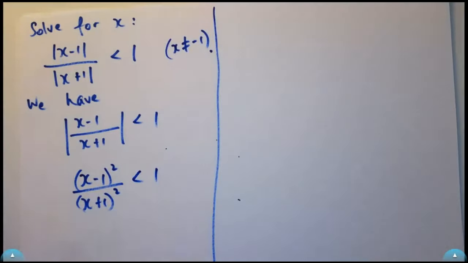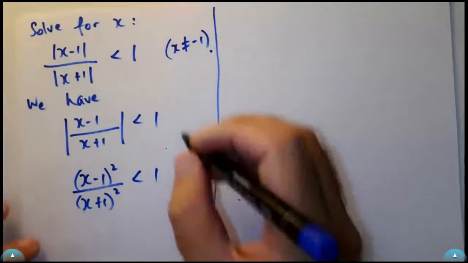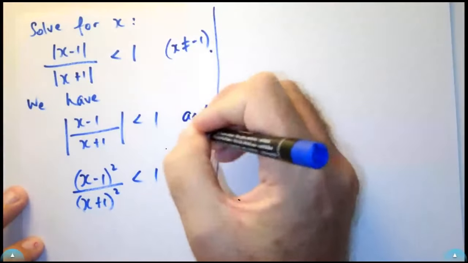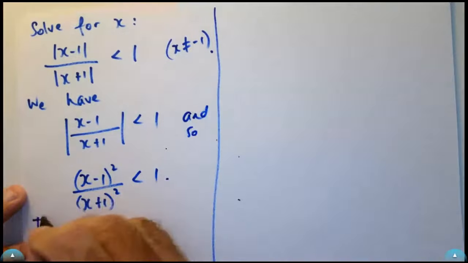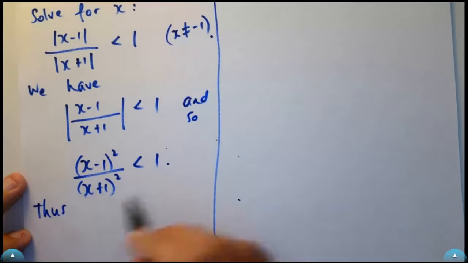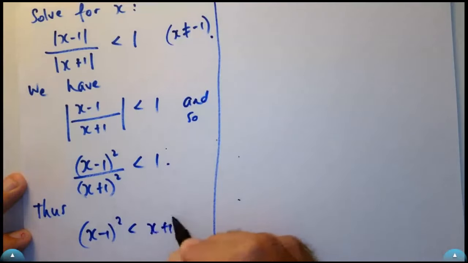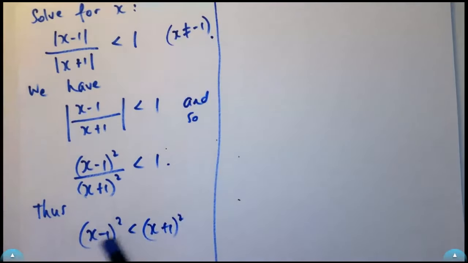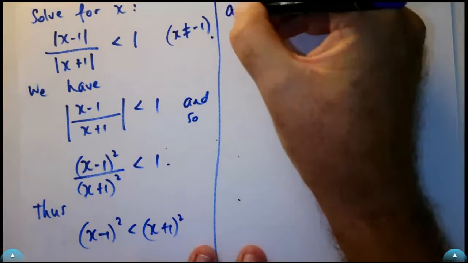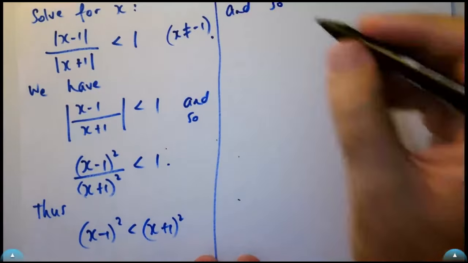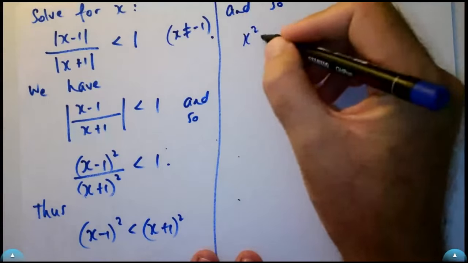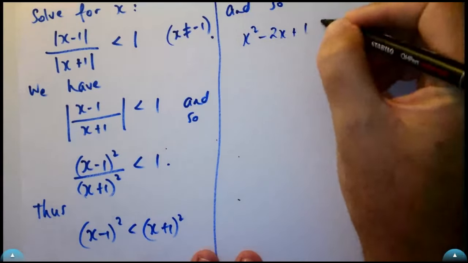Okay. Yeah, Horace, we can do a graph. We can definitely do a graph. So now, because we can move this to the other side, thus move that up there. Okay, so let's expand this and see if we can simplify. So x squared minus 2x plus 1.